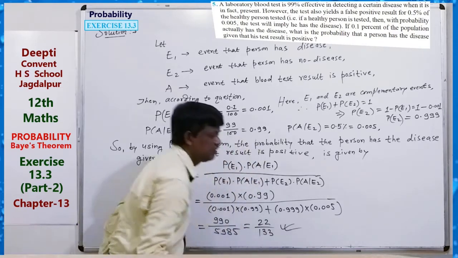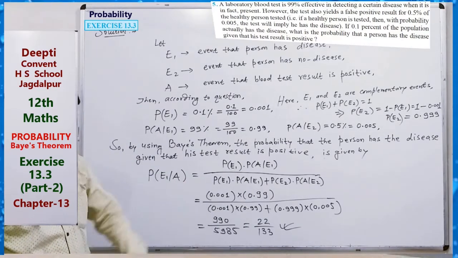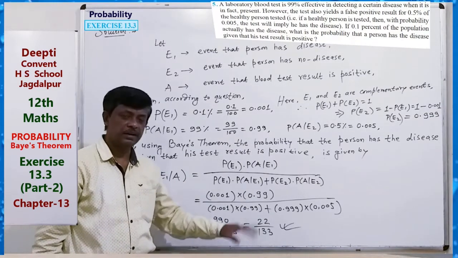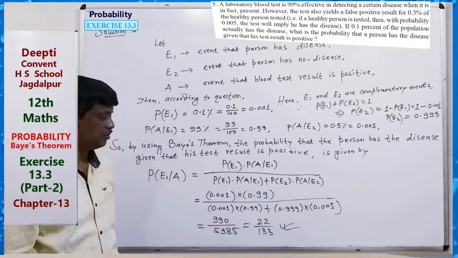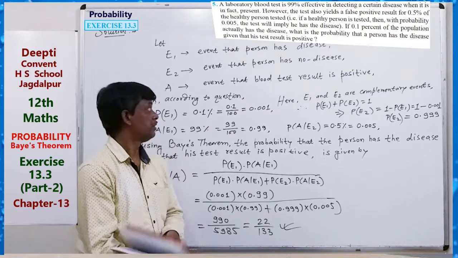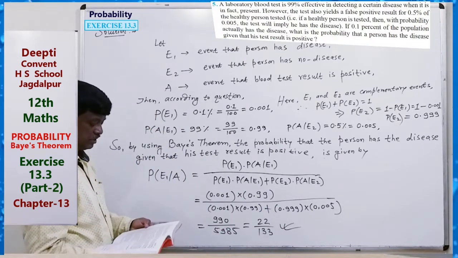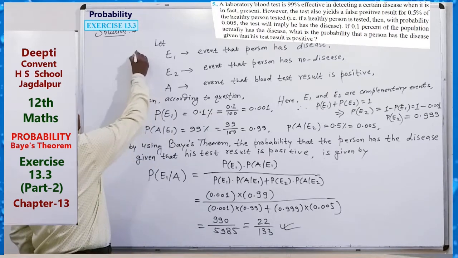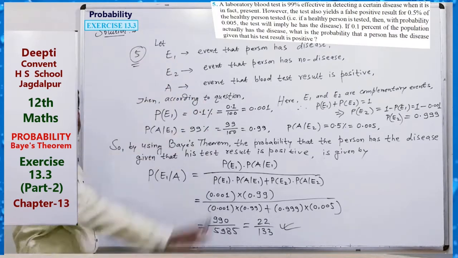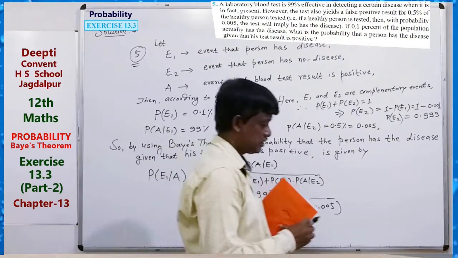Just calculate it; you can find its value by removing the decimal and multiplying, adding and dividing. Just 22 by 133. So the main thing is the setup. This was the fifth question. Now taking the sixth question.